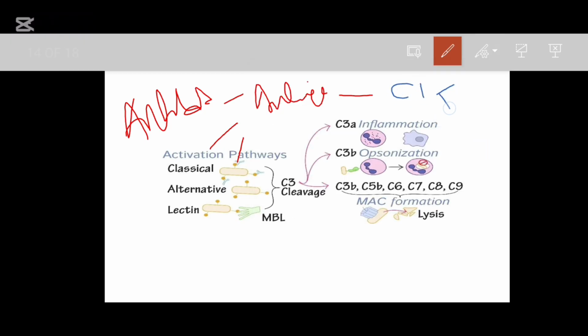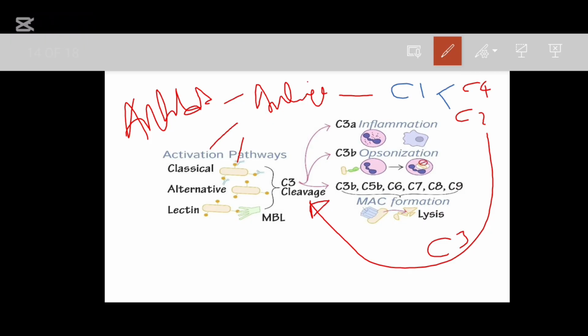C1 is going to lead to the activation of C4 and C2. C2 and C4 once combined are going to make the C3 convertase. We've seen how this C3 has been made.